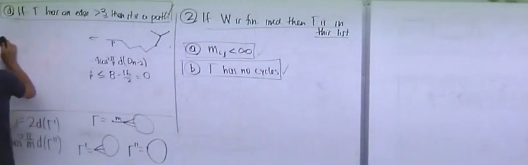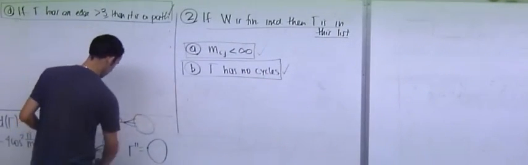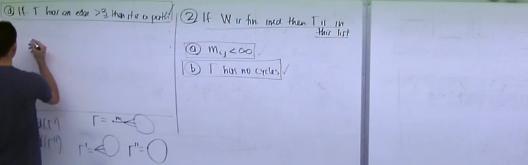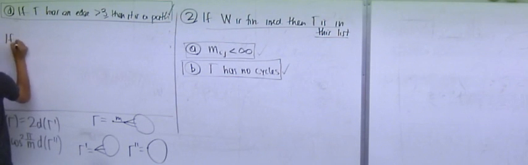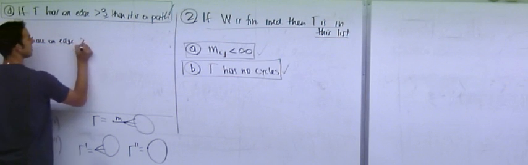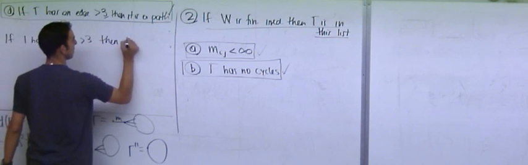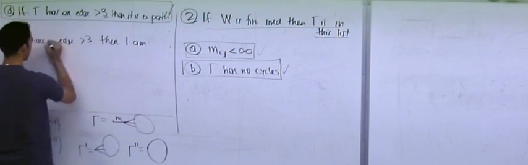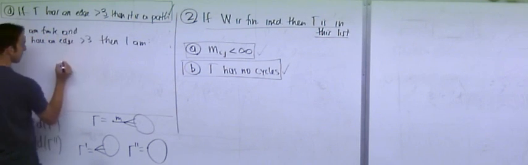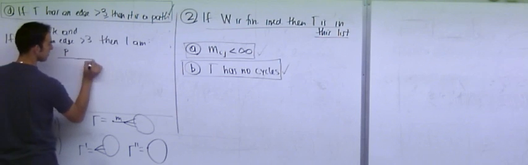So for example, I mean, what can I already conclude? I can already conclude that if my graph has edges labeled something bigger than 3, then I know exactly what they look like. They're a path. So let me summarize this by saying if I have an edge bigger than 3, then I look like this. And I'm finite. So if I'm finite and I have an edge bigger than 3, then I must look like just a path like this.